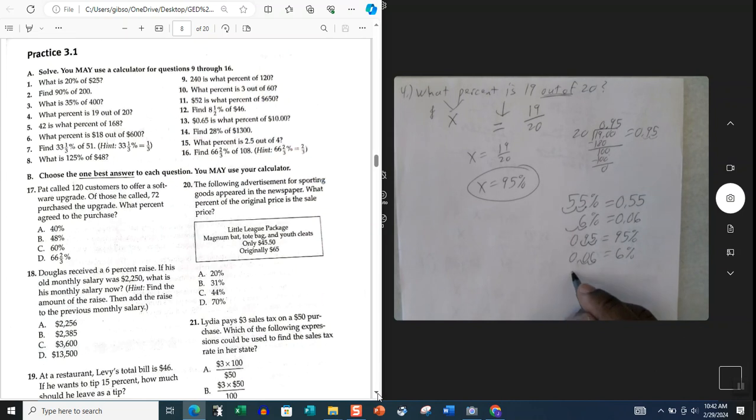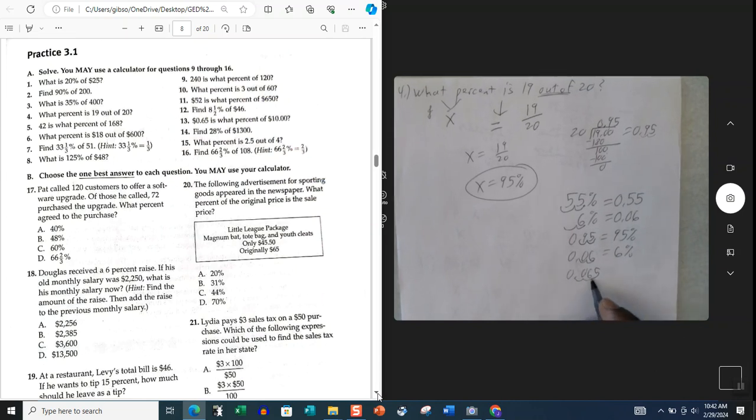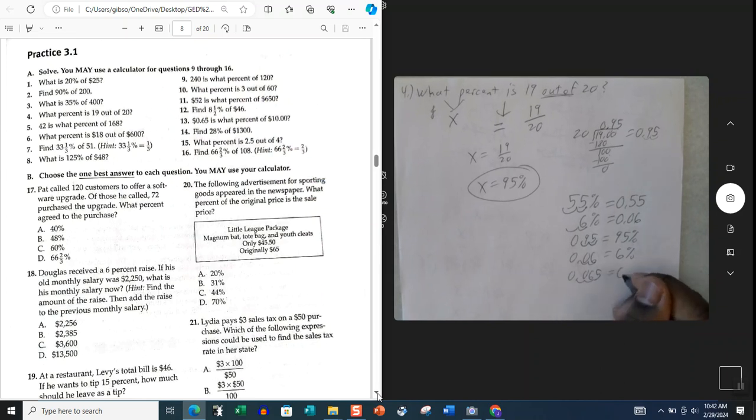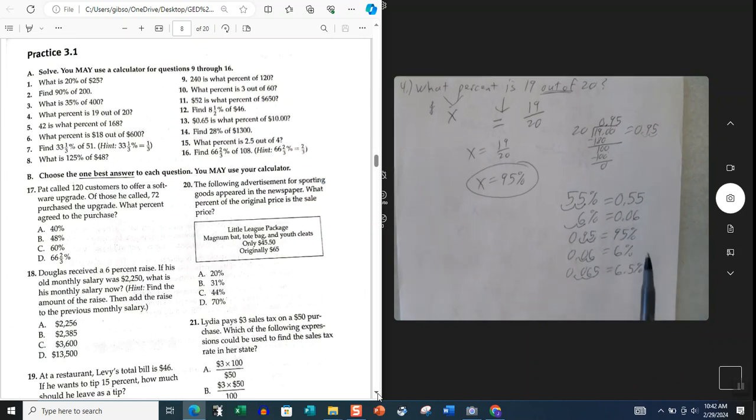And it's possible that you can have 0.065. You move this decimal 2 places to the right, and that'll be 6.5%. So it is possible to have a decimal of a percent. So this is how you convert percent to decimal and decimal to percent. So now let's move on.